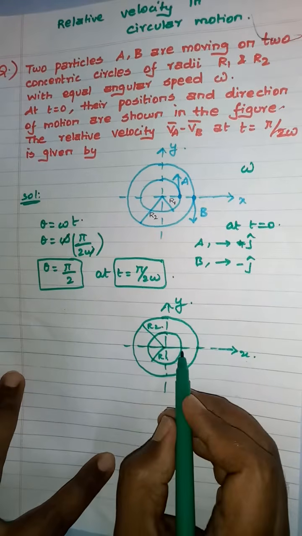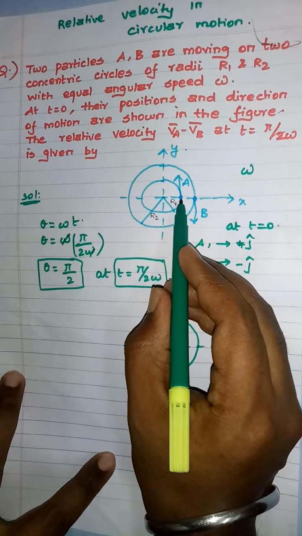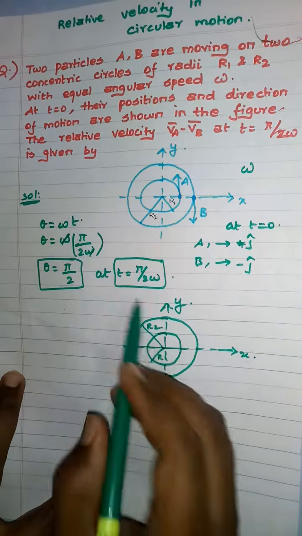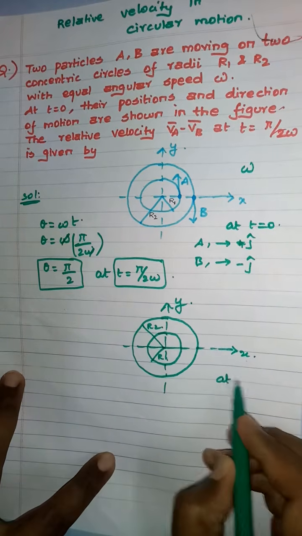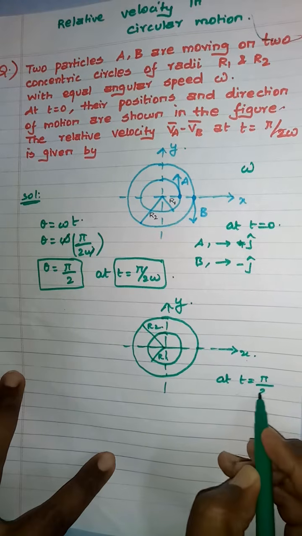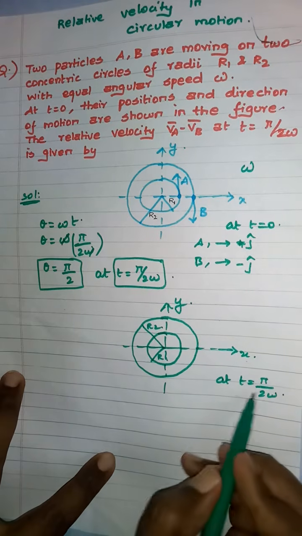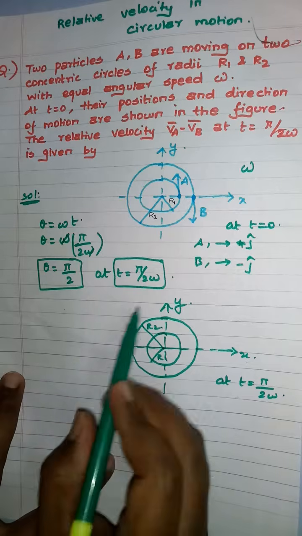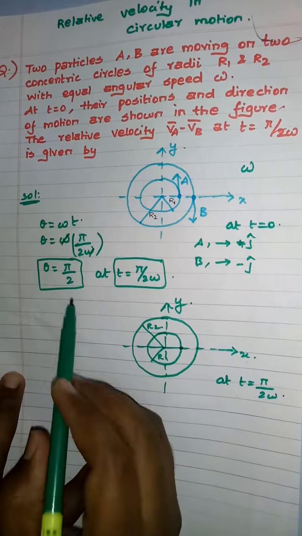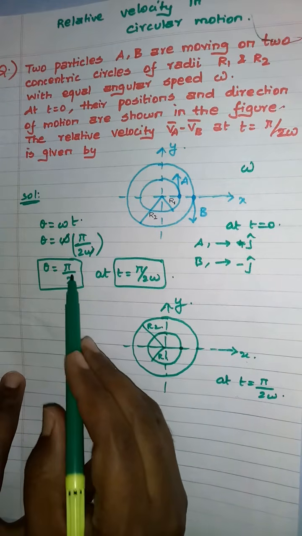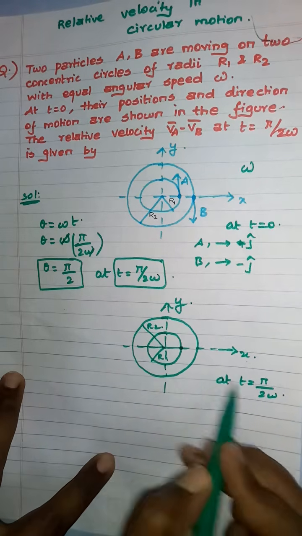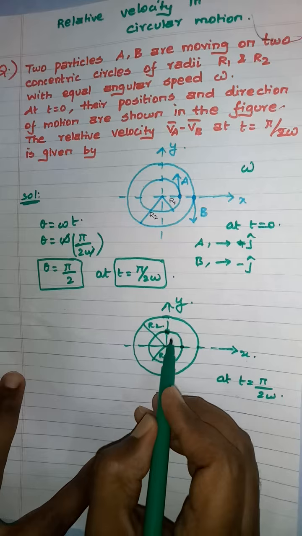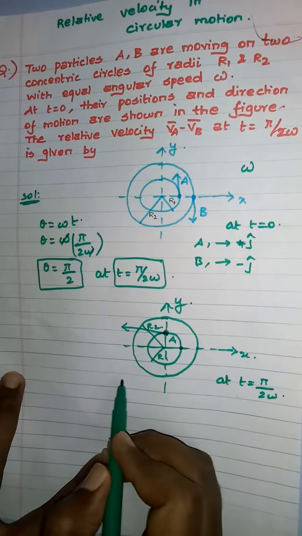You see here, initially the particle A is here, and at t = pi by 2 omega, the particle A has swept an angle theta = pi by 2 in the anticlockwise direction. That means this particle A would have reached here.